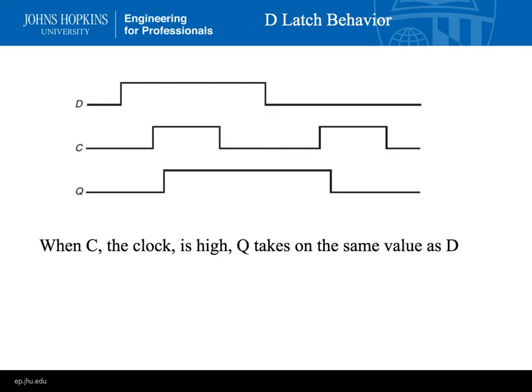Remember, a latch changes with the clock. So here we turn D on, and as soon as the clock asserts, it comes on. And then the D goes down, and as soon as the clock asserts again, the output goes down.